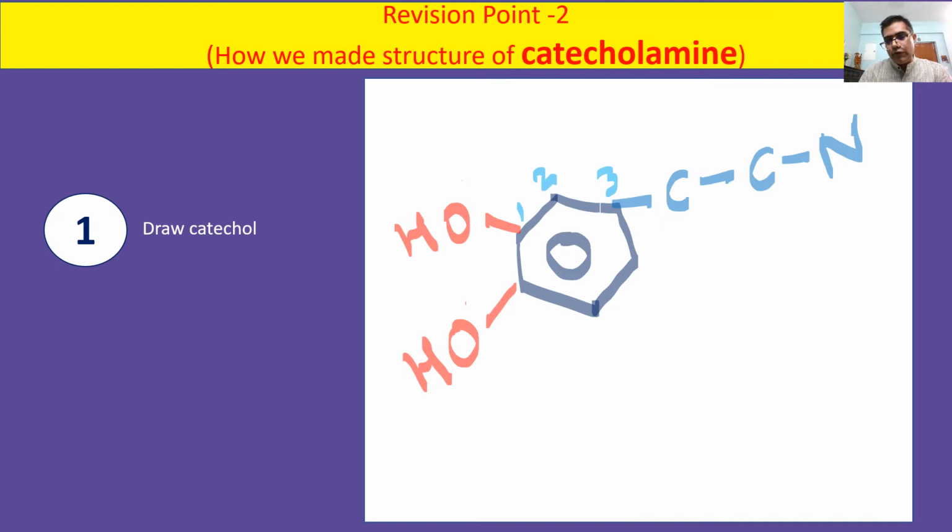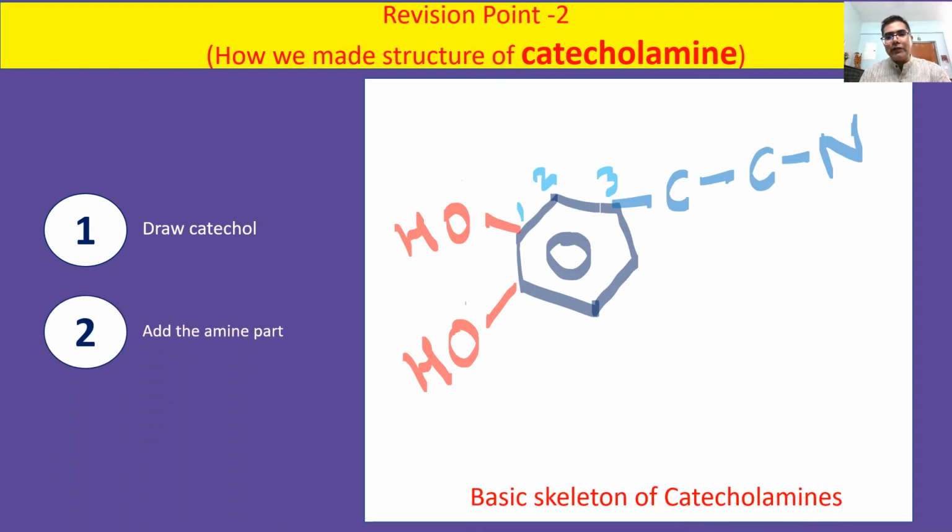So we draw catechol, we add the amine part, and this makes the basic skeleton of catecholamine.